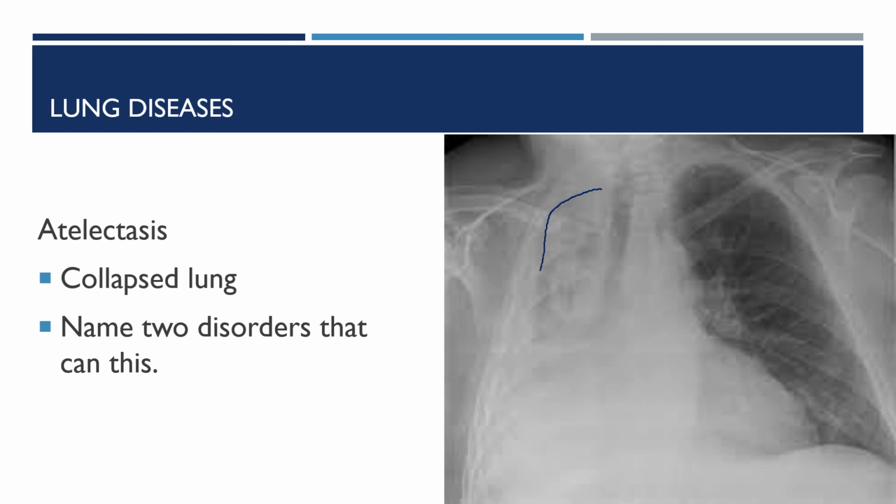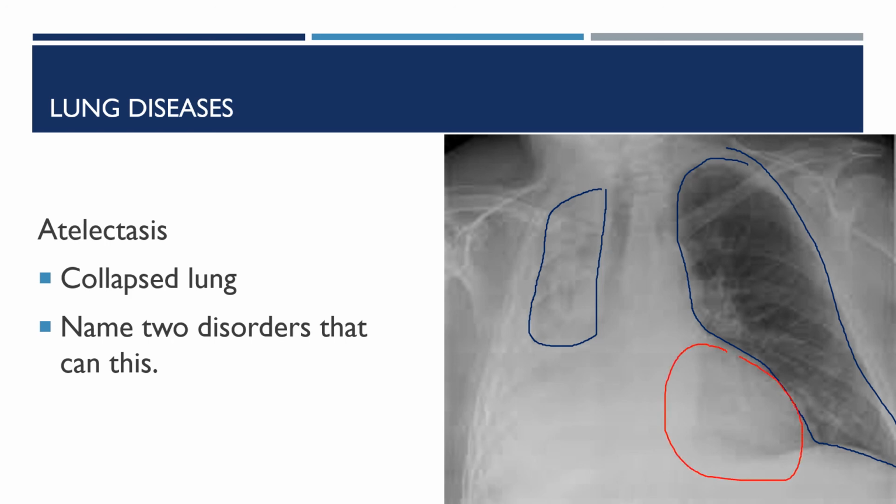Can kind of see it here a little bit. But look at the difference between this and this. Now down here, this is the heart. This is the heart resting right in here.